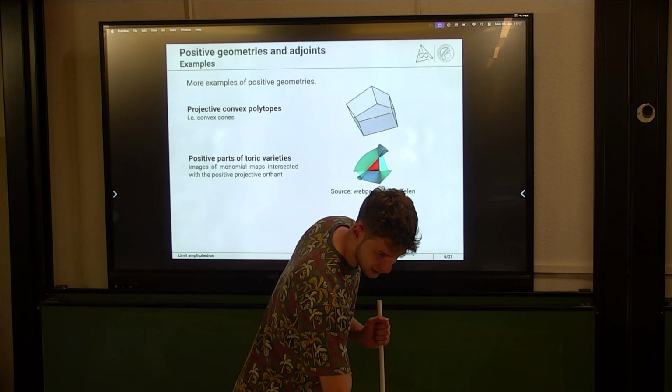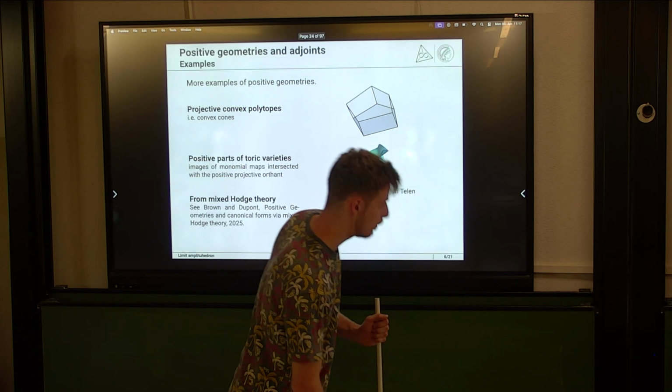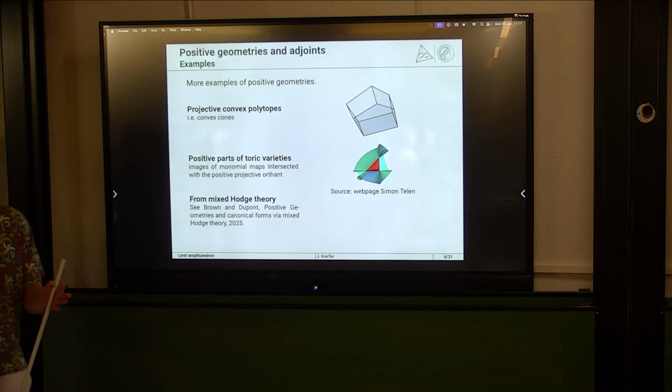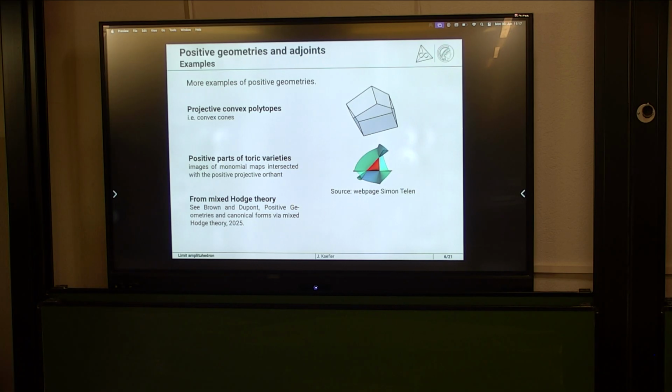But I use this slide mostly to advertise positive geometry in terms of mixed Hodge theory. There was a paper earlier this year by Brown and Dupont, and they put this whole framework of positive geometries, as we've known it, which originated from physics, into a bit more abstract mixed Hodge theory sense.